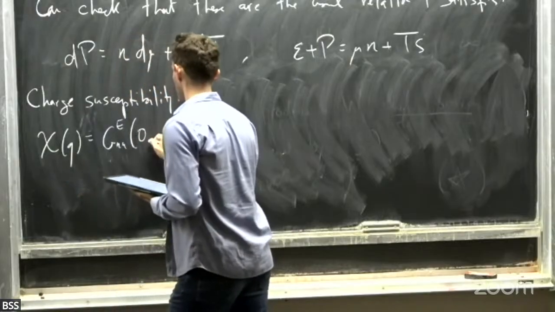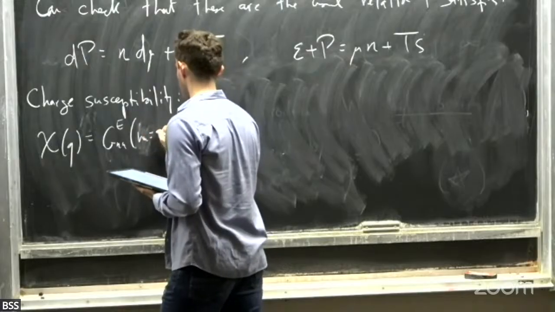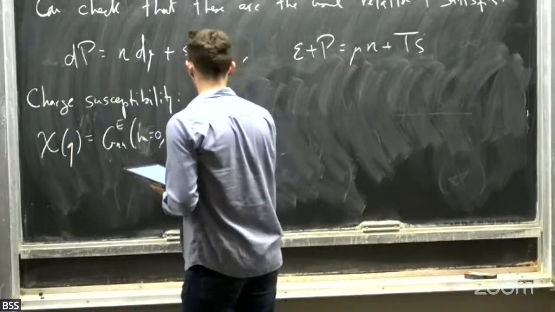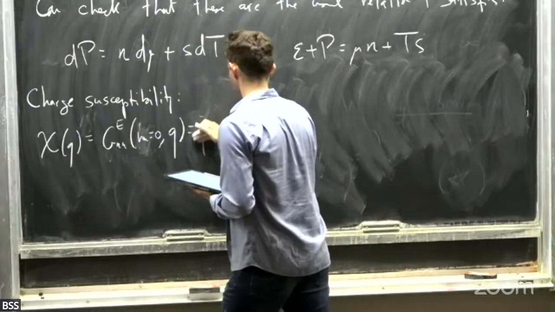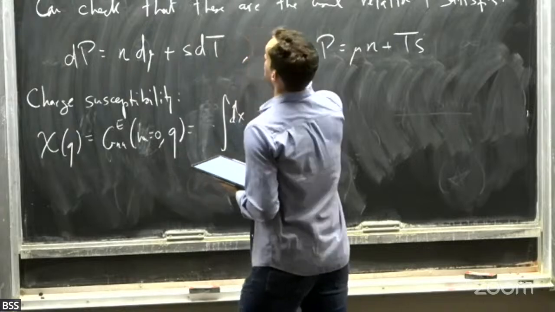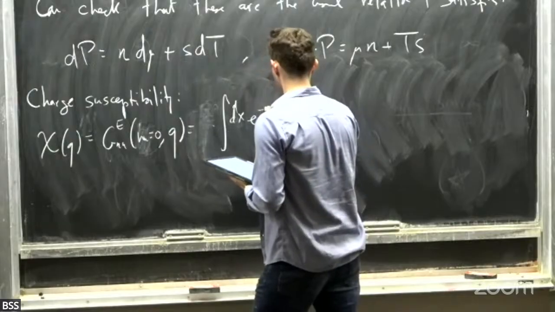So this is the charge two-point function at 0 Matsubara frequency. Well, that's one way to get the susceptibility, but at finite wave vector, which I can get from this expression over here. So I'm going to Fourier transform this expression.